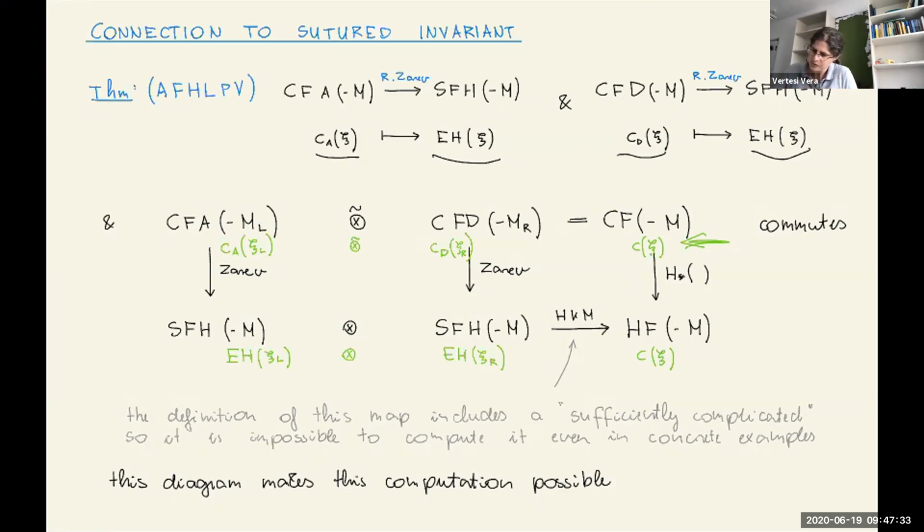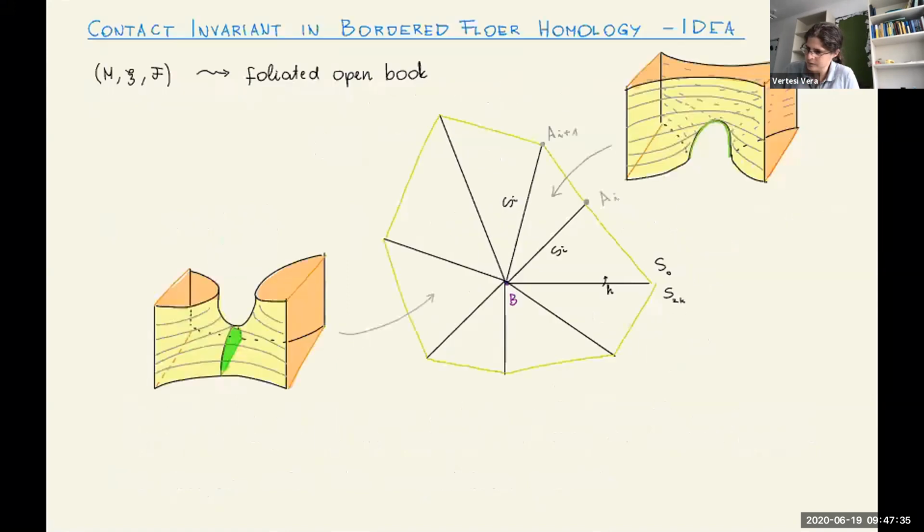And then, the idea for the contact invariant in this bordered Floer homology is that you take this three-manifold with a given characteristic foliation on the boundary, and then you construct a foliated open book for it.